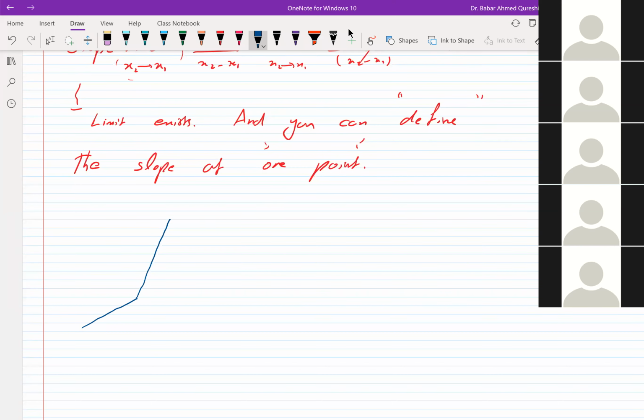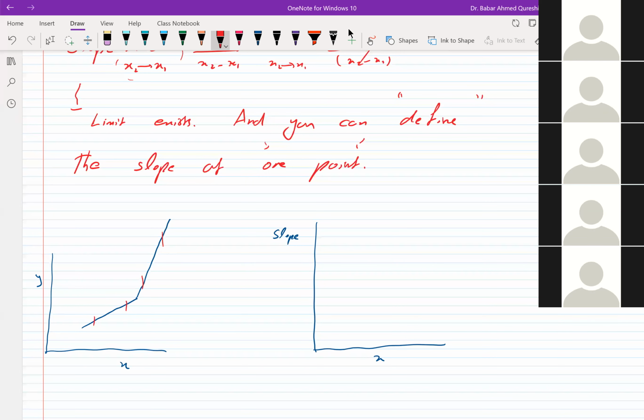And over here, this is x, this is y. Over here, I'm going to plot the slope of this hill as you change x. So it's quite intuitive that the steepness of this hill is different in this region and is different in this region.